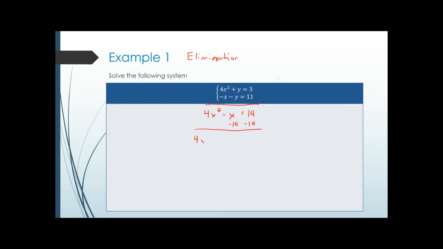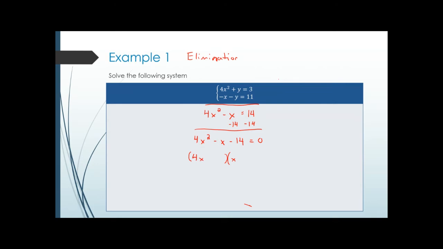So this gives us 4x squared minus x minus 14 equals 0. And I'm doing this in my head, I'm just kind of thinking, this is factorable. And if you're not sure, the quadratic formula will always work, but I've done enough of these that I can look at it, go through a few quick guess and checks and factor.